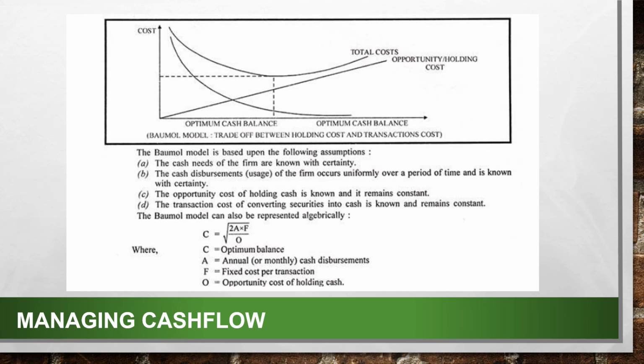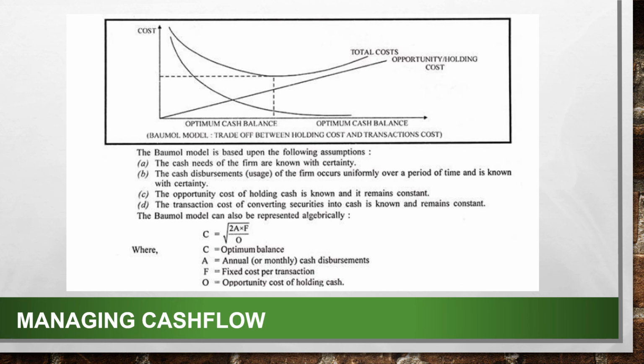The formula is the square root of 2 times A times F divided by the opportunity cost. So we have the cost of each withdrawal multiplied by the use of cash per period. Just multiply that by 2 and then multiply that by the withdrawal cost, and divide by the opportunity cost.